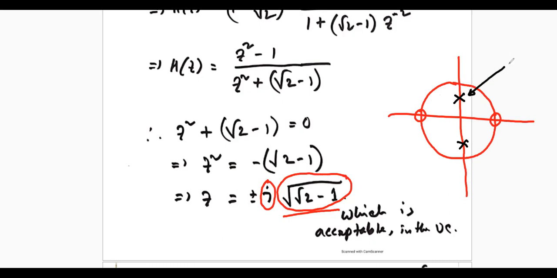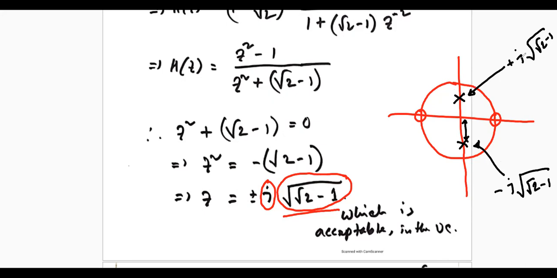One is plus j root over 2 minus 1, and this one is minus j root over 2 minus 1. The magnitudes are taken from the value root over 2 minus 1, and plus j and minus j show in which axis they lie, so the rotation of that part.